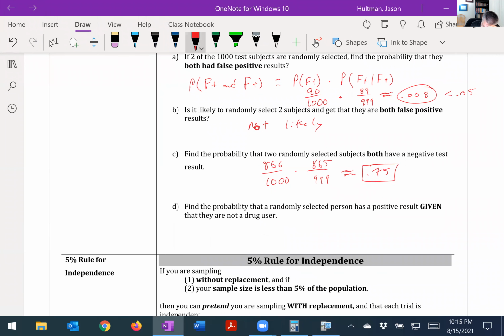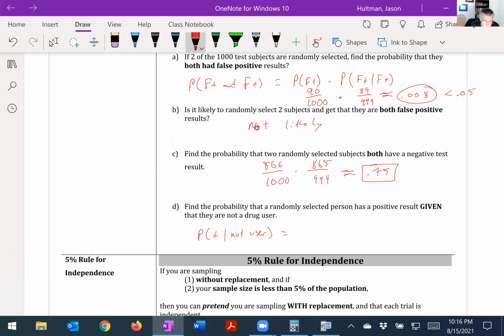Find the probability that a randomly selected person has a positive result given that they are not a drug user. So the probability of a positive result given not a user.